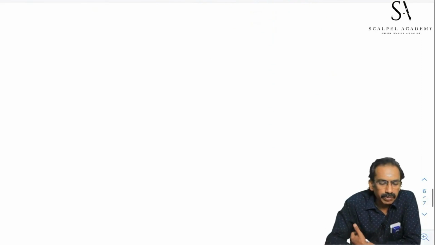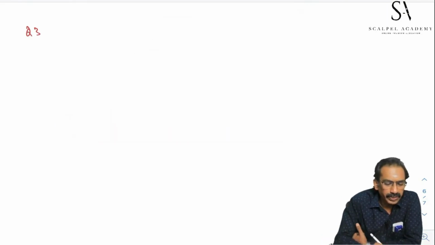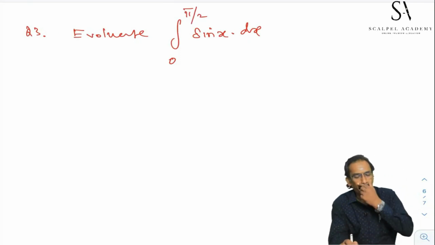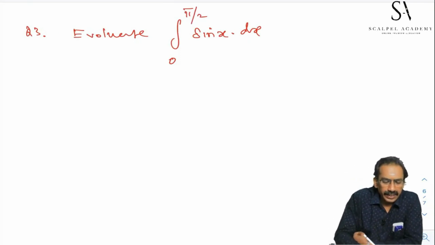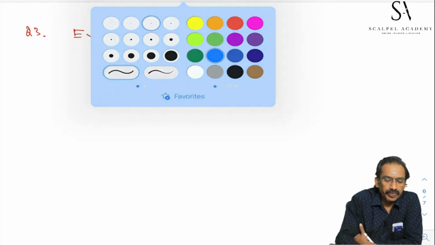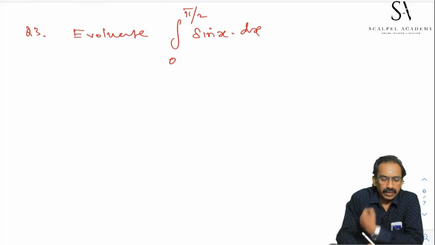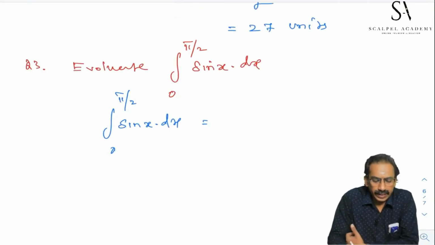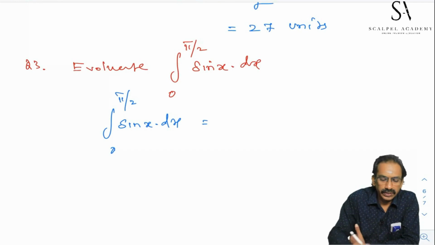Okay, shall we go to the next problem? Question number 3. Evaluate integral sin x dx from 0 to pi by 2. Integral sin x is minus cos x.